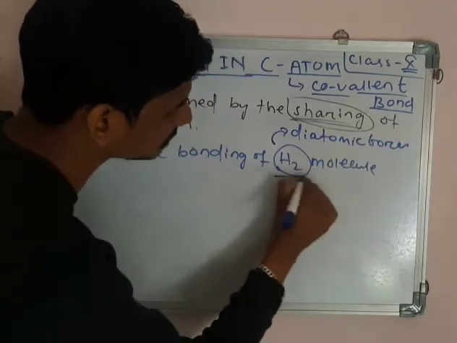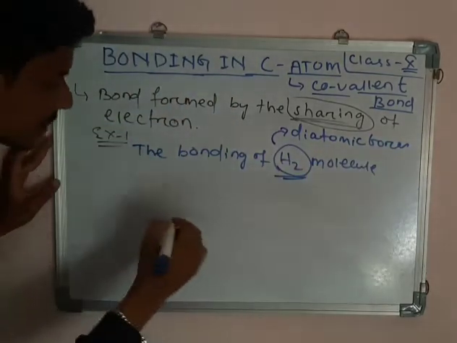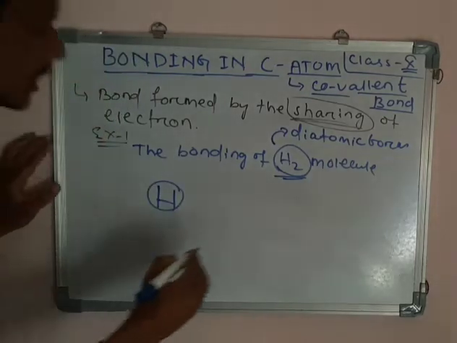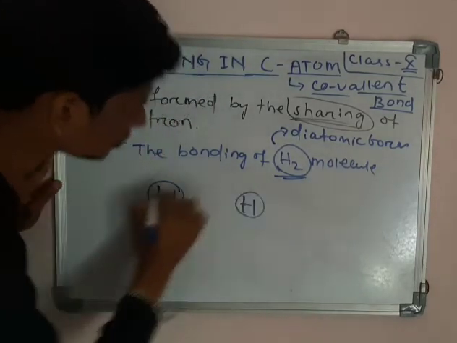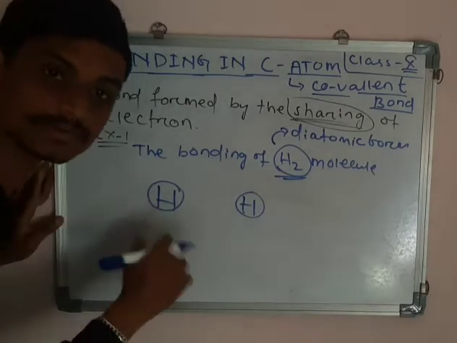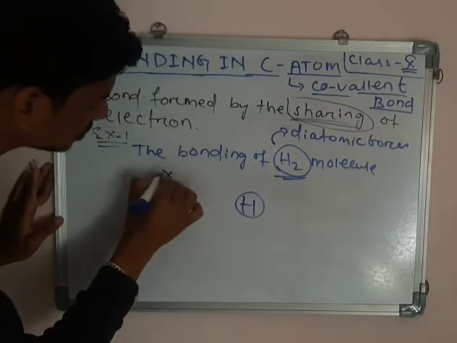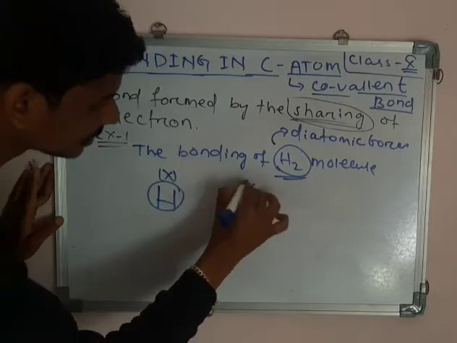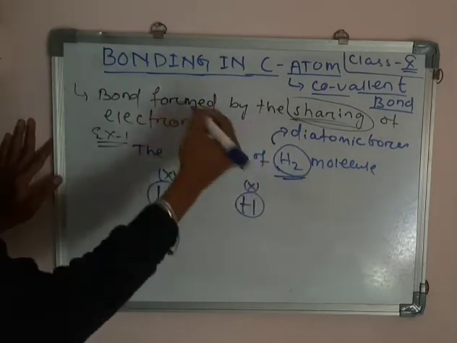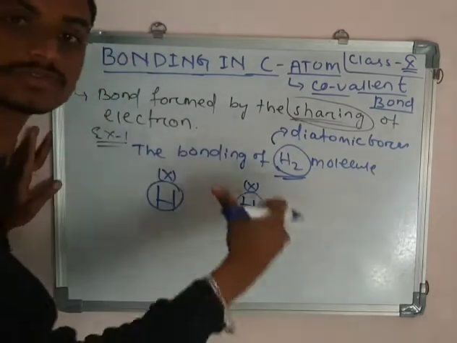So this is H2 written here. Let us consider this one a hydrogen atom, and this one another hydrogen atom. As we know, the number of valence electrons present in a hydrogen atom is only one.